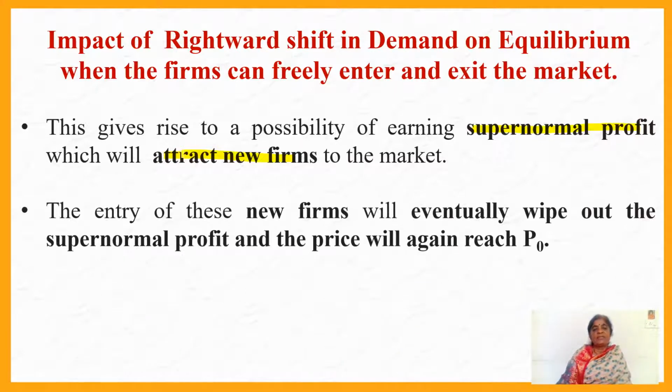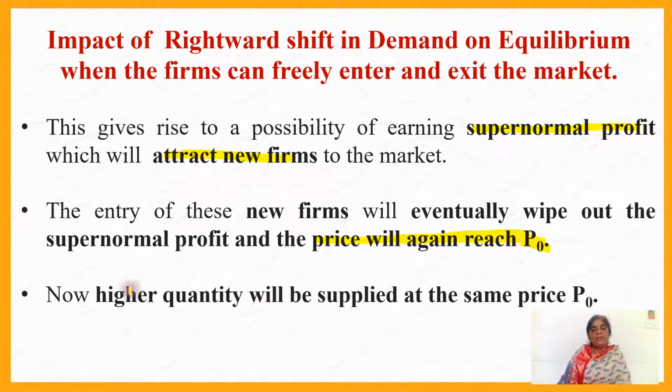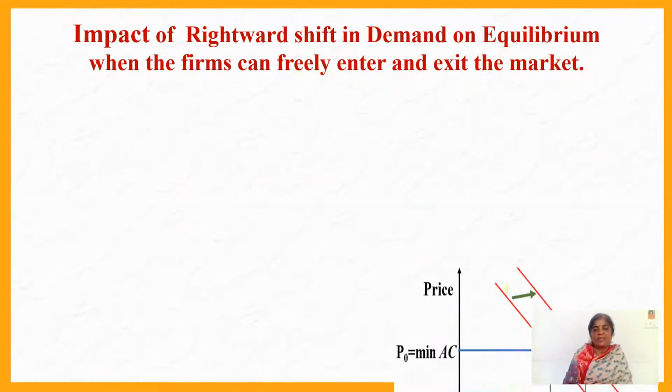After new firms are attracted, the supernormal profit will be wiped out, and again price will reach the initial price P0. And now at the initial price, a higher quantity will be supplied at the same price P0 because the demand curve shifted rightward.